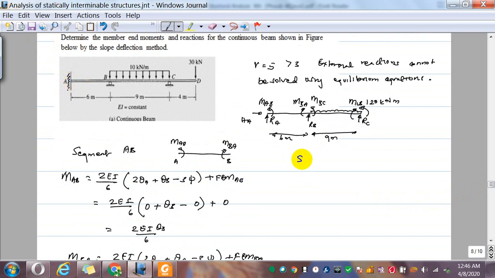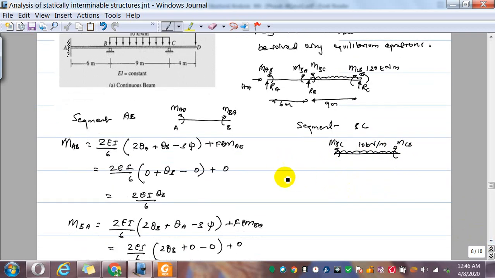If you consider segment BC, then in the BC segment you have MBC and MCB, and you have the load of 10 kilonewton per meter acting on it.